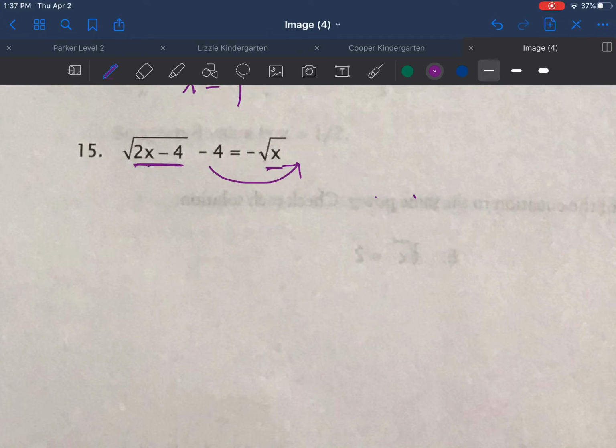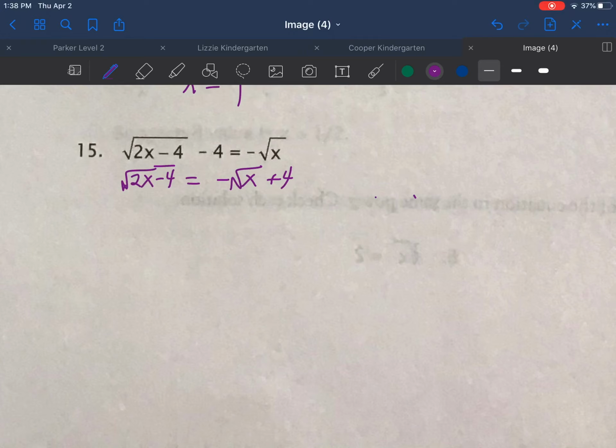This is a monomial. We're going to move this over here so it's not nearly as ugly when we work it. Okay, so we've got the square root of 2x minus 4 equals negative square root of x plus 4, because we add it to the other side.